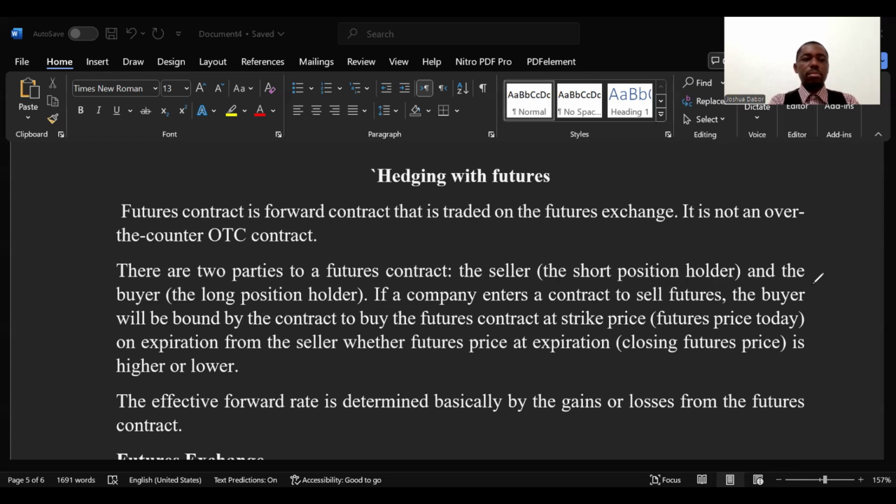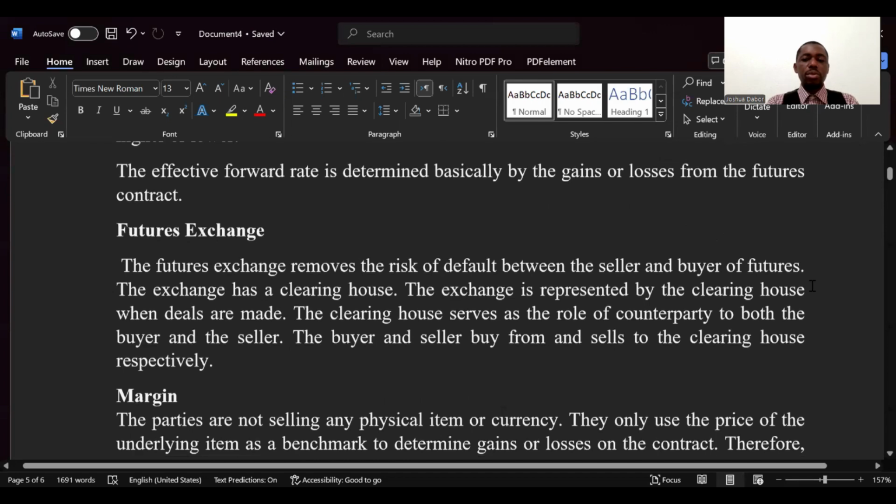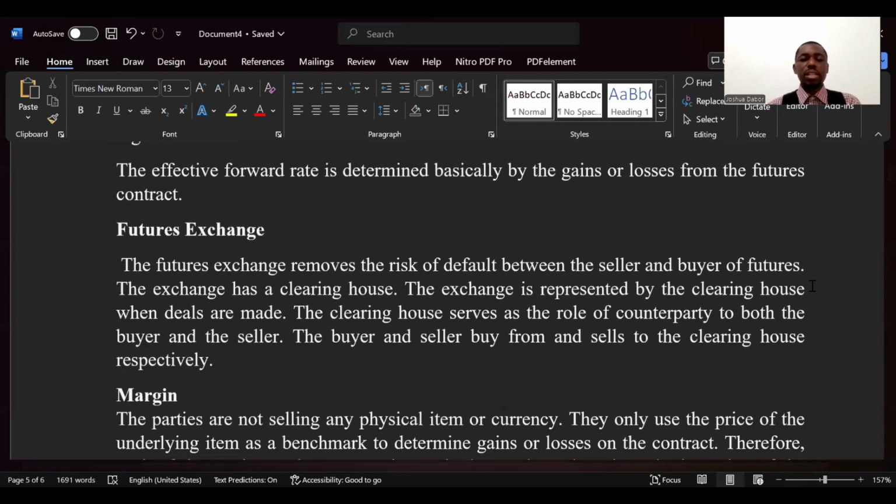So let's look at some of the definitions that you may need to be familiar with before we solve some questions. The first thing you want to know is that the futures contract is not an over-the-counter contract. It is being traded on the futures exchange. Just the way you have the stock exchange, so also you have the futures exchange, where trading takes place on a daily basis. So the futures exchange removes the risk of default between the buyer and the seller.